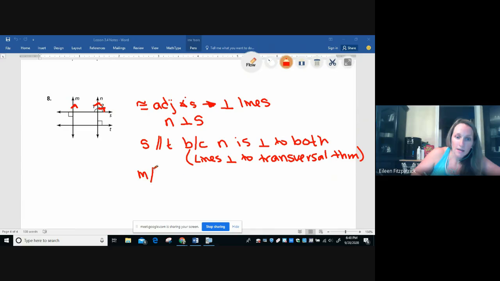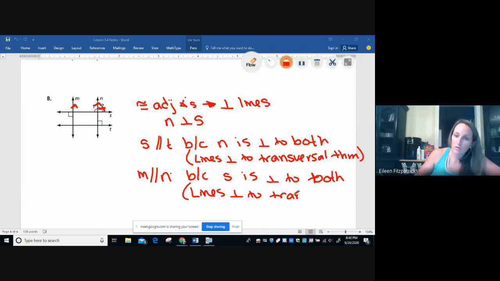So M and N are parallel because S is perpendicular to both, and that once again is using that same theorem, the lines perpendicular to transversal theorem.